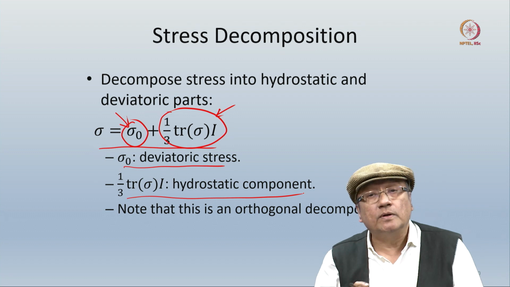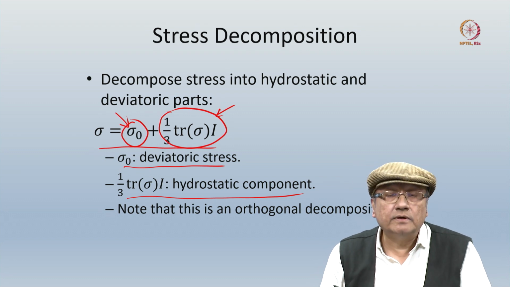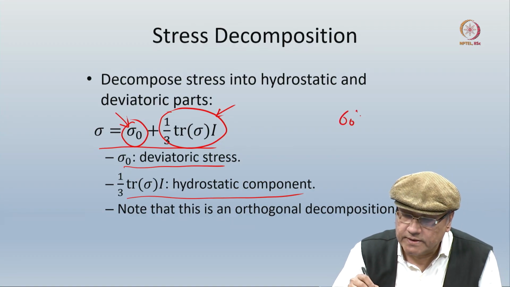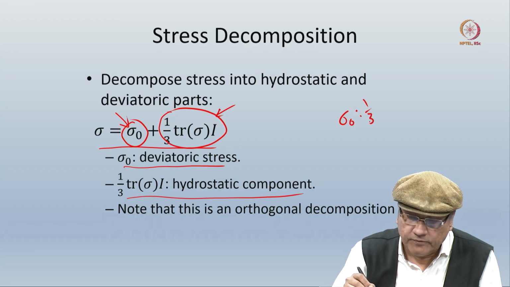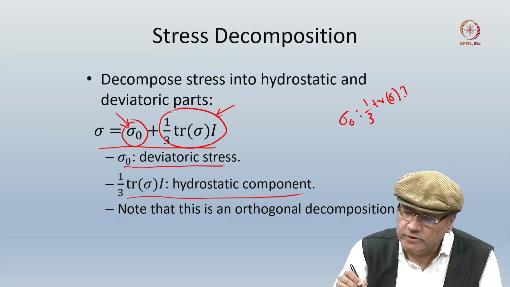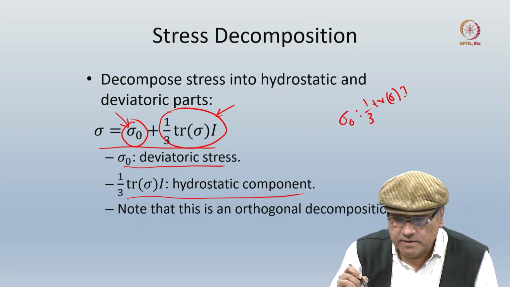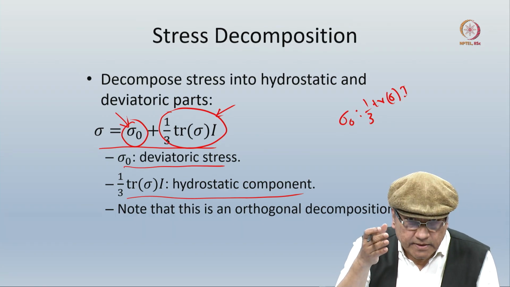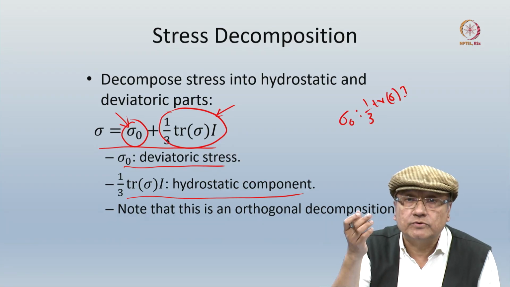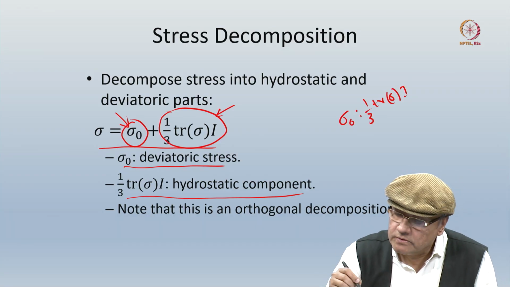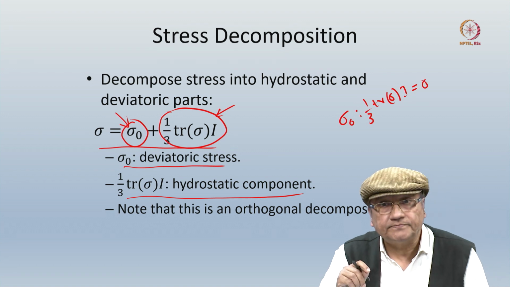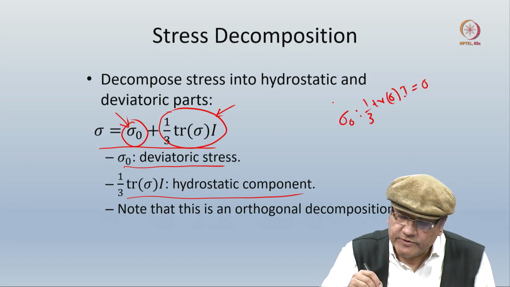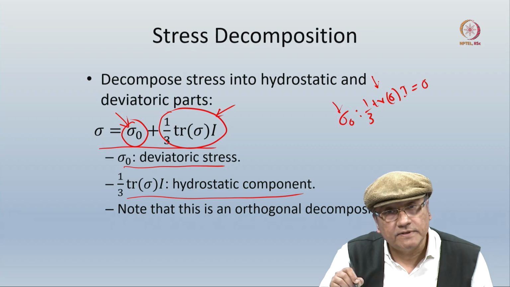Now, this is an orthogonal decomposition in the sense of Frobenius orthogonality. What we mean is that if you take the Frobenius inner product of sigma 0 and 1/3 of trace of sigma times I, you can calculate it, it will be a scalar valued quantity. The easiest way of calculating it is based on indicial notation using a coordinate system. This will turn out to be 0. So, like the vector dot product, we also say that matrices like this and this are orthogonal if this is true.